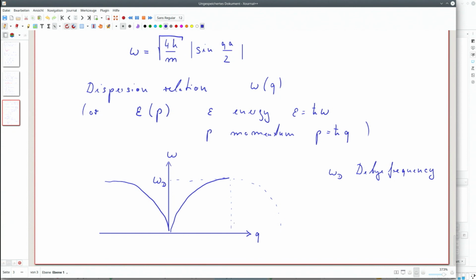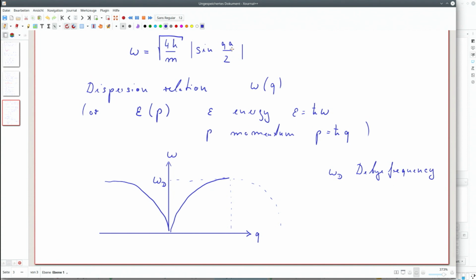And this is reached at which q vector. If you look at this equation here, the sine function has its maximum at, what is it, pi over 2.